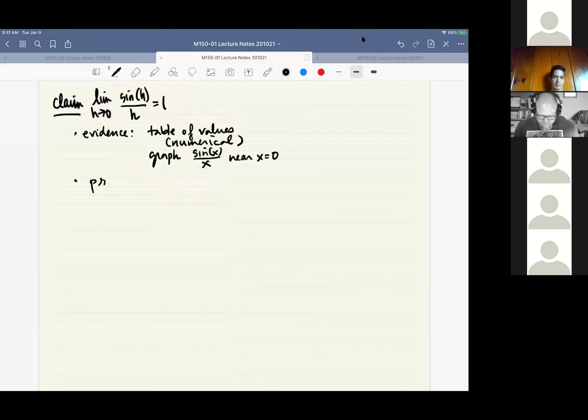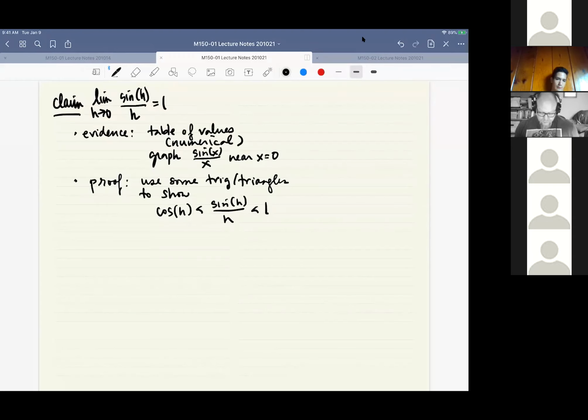Mathematicians want proof, and your textbook has a proof of this limit. The way the proof works is that you use some trig, by which I mean knowledge about triangles, to show that cosine of h is less than sine of h over h is less than 1, when h is near 0.